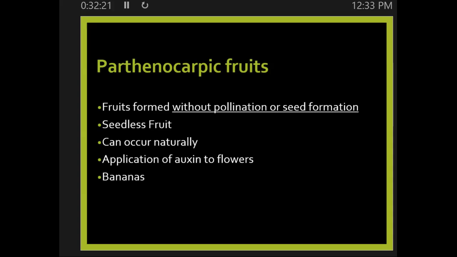In fact, I have a hard time this Thursday when we do the fruit lab trying to find certain fruits that still have seeds in them in the store. Like grapes, finding grapes that have seeds in them for sale can be almost impossible sometimes. So the idea here is people don't like to mess around with seeds, so they'll pay for the seedless fruit idea. And so this is a lot of human intervention to get those types of products in the supermarket for us.